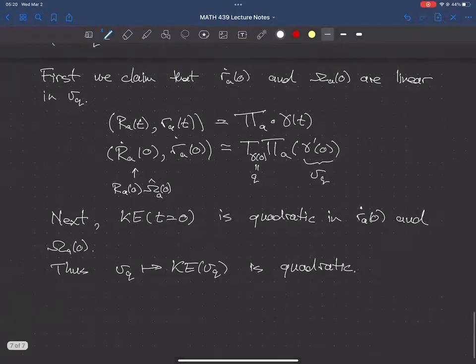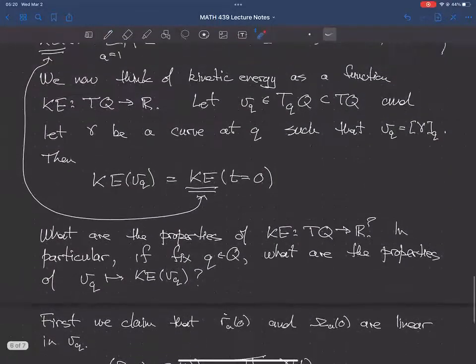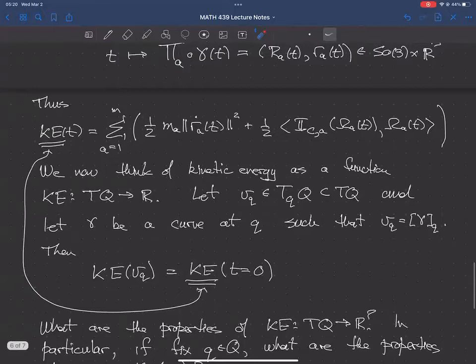The other observation I can make is that not only is it a quadratic function, it's also non-negative. As a function of V, it's a non-negative function, and that's clear because that is non-negative, and I is a positive semi-definite symmetric matrix, so all of its eigenvalues are non-negative. Those are the principal inertias, so when you calculate that expression, it's going to be non-negative.